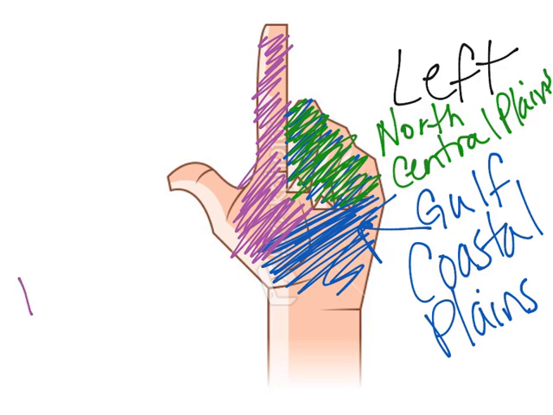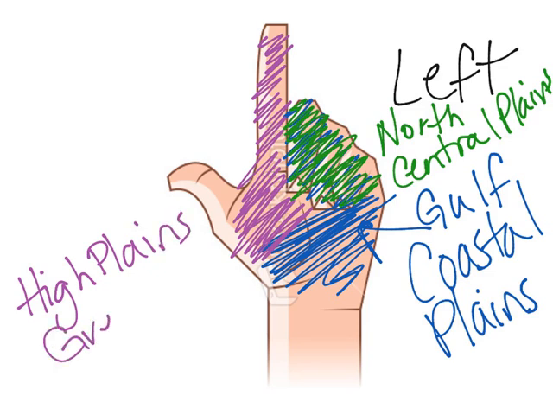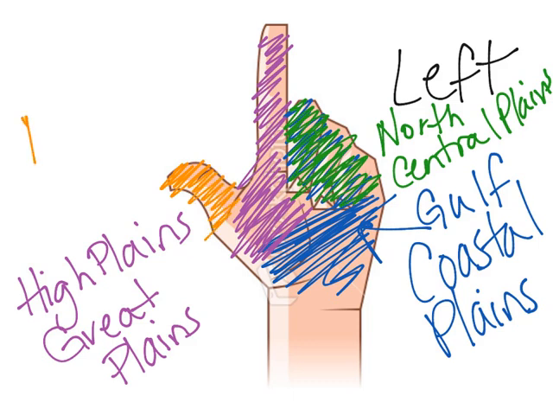This one, remember, it has two names. That is the High Plains, and it's also known as the Great Plains. You have to know both of those names. And finally, we have way out here on your thumb, the Mountains and Basins region.